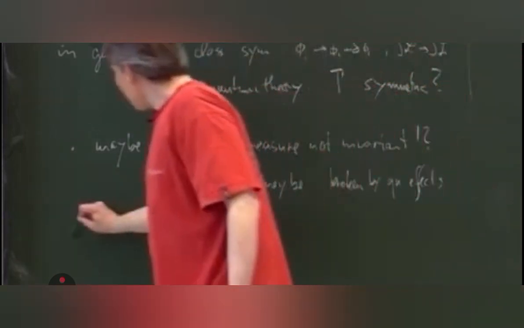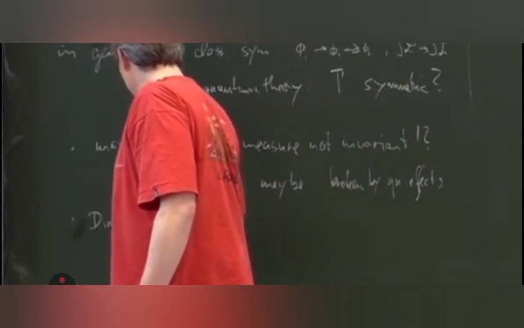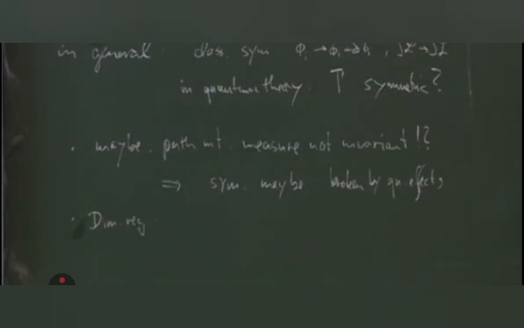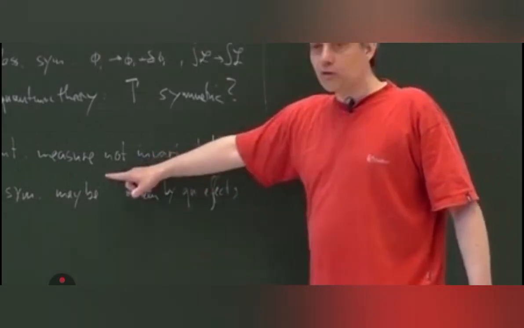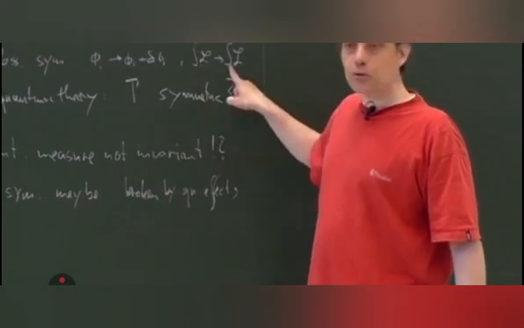Now going to our favorite case of dimensional regularization. There we know that the path integral measure is effectively defined by calculating Feynman diagrams in d dimensions, and the measure defined in this way is always invariant under anything. Therefore, the symmetry cannot be broken in this way, but it can be broken by the necessity to extend your Lagrangian to d dimensions.